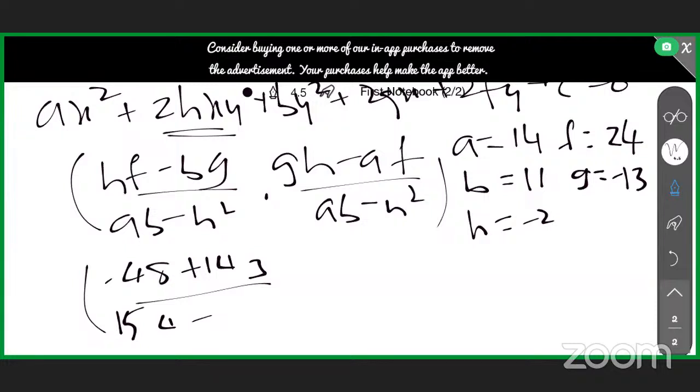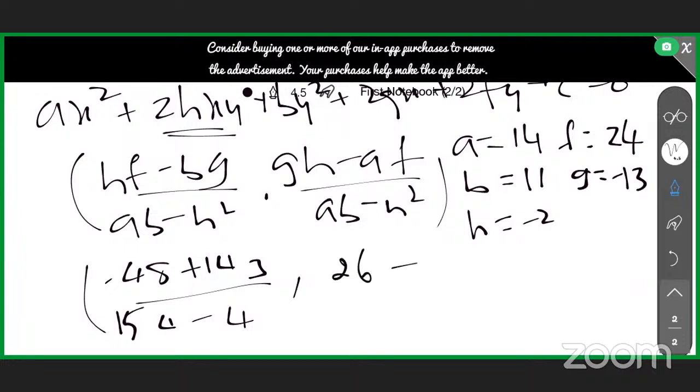Minus h square, 4. Comma, GH: G value is minus 13, H value is minus 2. Minus, minus cancels. 13 twos are 26.